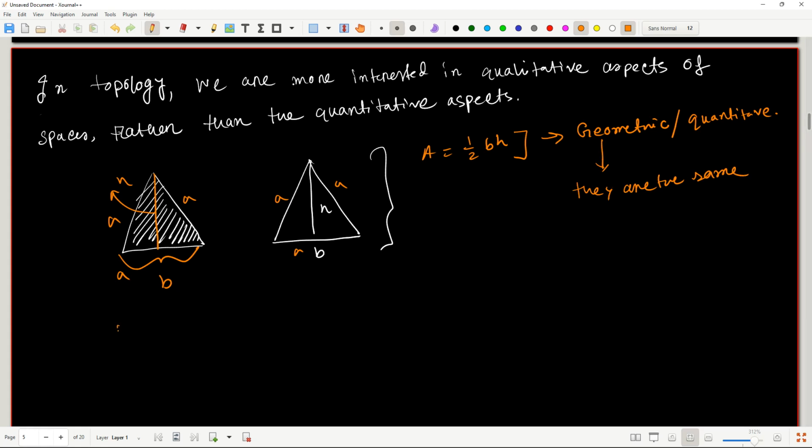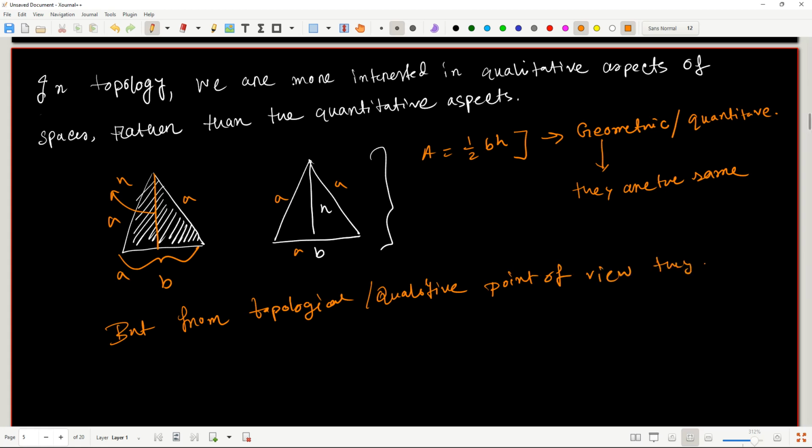But from topological point of view, from topological slash qualitative point of view, they are not the same. Why? Because one of them has this space bounded by these edges filled in, but the other one is not.